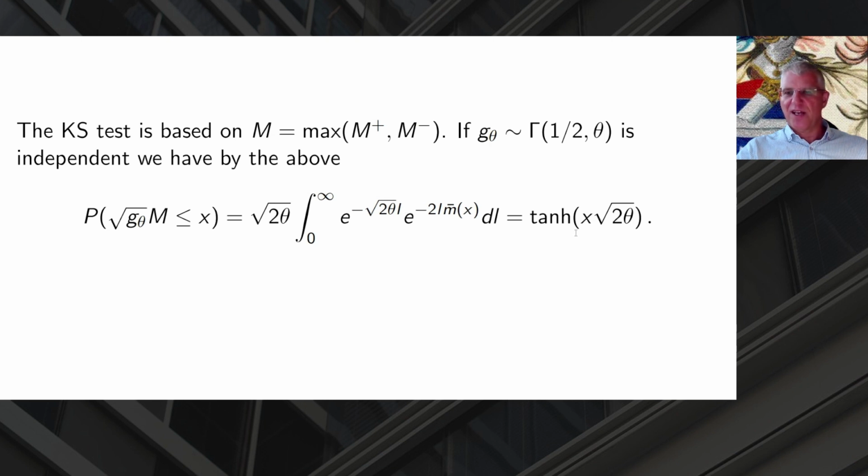And it turns out that you get the hyperbolic tangent of this quantity here. So the bottom line now, we used a very complicated theory to say this: if you multiply the Kolmogorov-Smirnov statistic by the square root of an independent gamma random variable with parameters 1/2 and theta, then the new random variable has an explicit distribution, which is this one here.